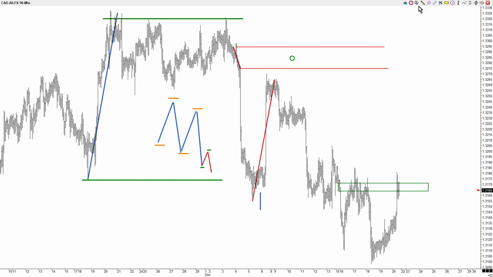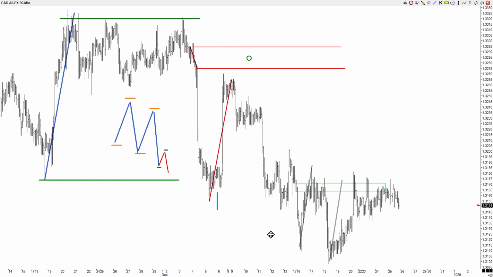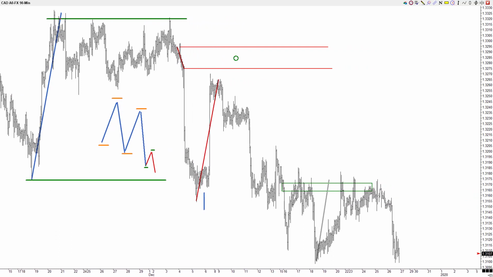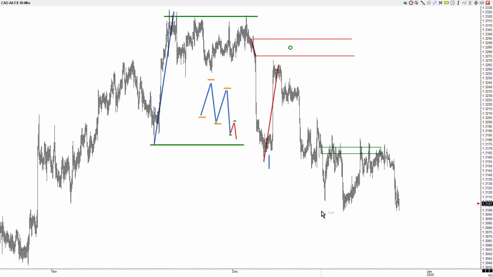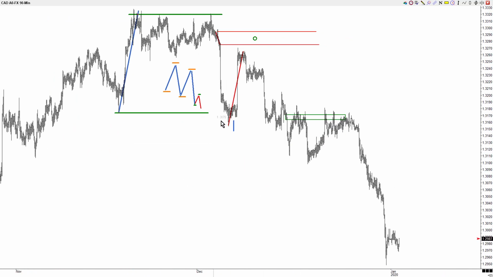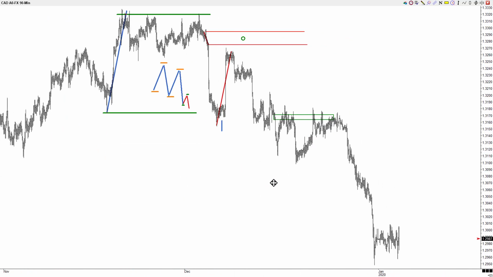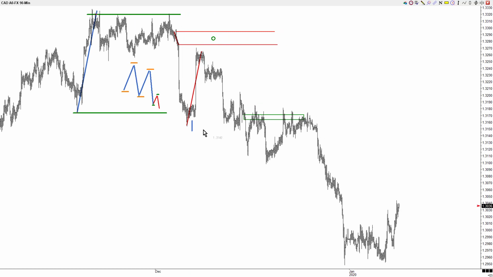You can see the swings are even smaller than this minor. The swings are like this. They're even smaller than the minor. And price continued on its momentum. And as it works its way up, we're just going to observe.